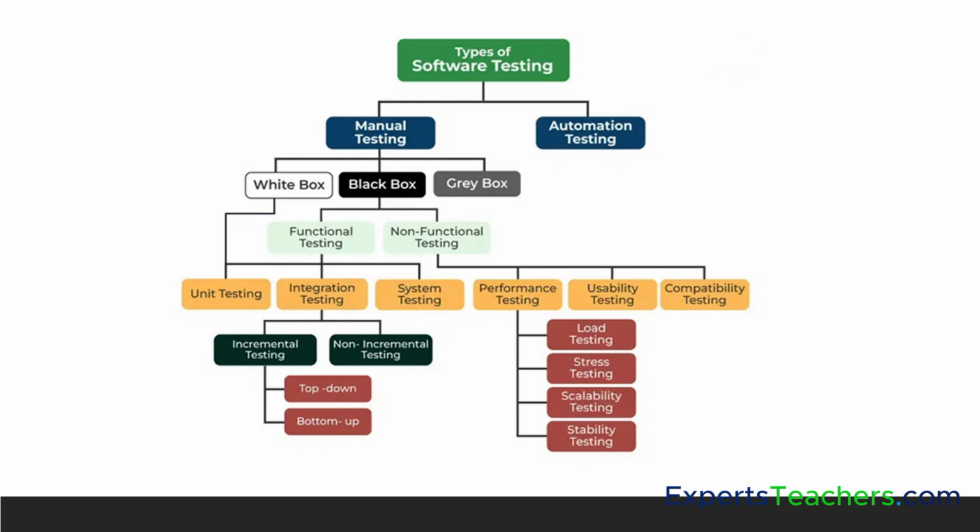In this lecture, we will go through types of software testing. There are different types of software testing, divided into two categories: manual testing and automation testing. Manual testing is performed without any software tool.